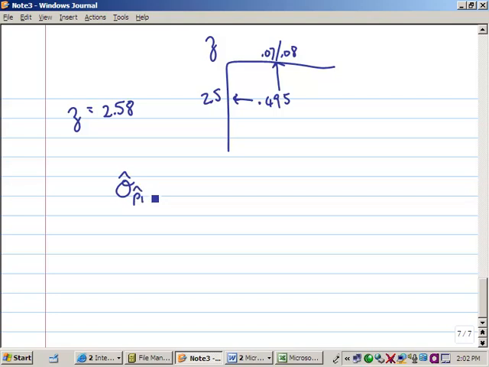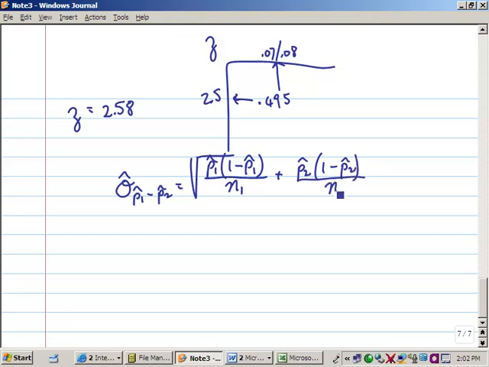Standard deviation, sigma hat of p hat 1 minus p hat 2: p1 hat times 1 minus p1 hat divided by N1 plus p2 hat times its complement 1 minus p2 hat over N2.